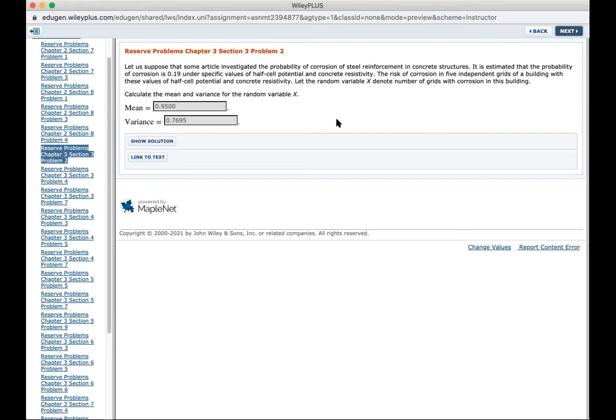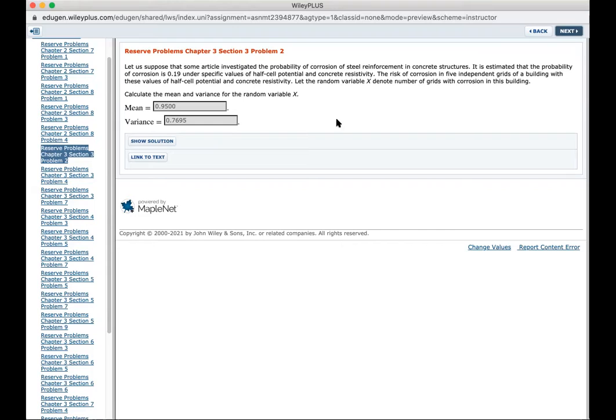Now, the risk of corrosion in five independent grids of a building with these values of half cell potential and concrete resistivity. Let the random variable x denote the number of grids with corrosion in this building. Look at this random variable x. That denotes the number of grids with corrosion in this building.